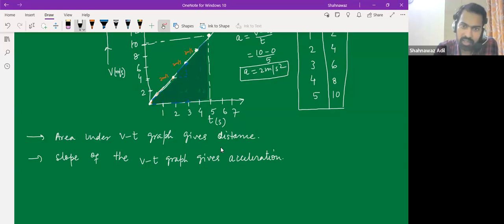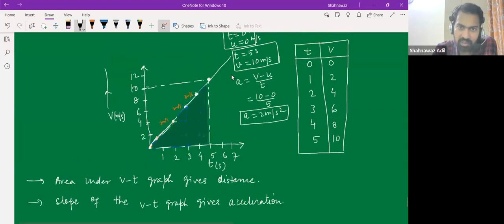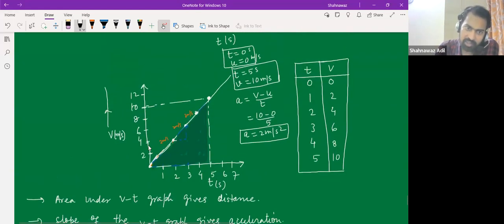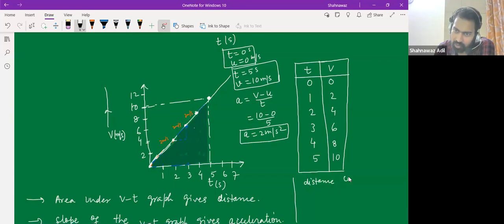So again, we have to calculate the distance between 0 to 5 seconds. So how much distance is covered between 0 to 5? You guys calculate and tell. How much is the distance covered? Sir, we can use the area of a triangle, right?